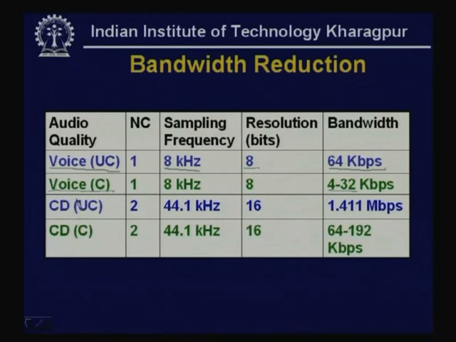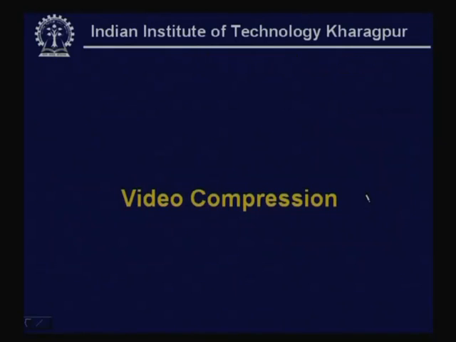Then for CD quality audio, if it is uncompressed, because of two channels and sampling at 44.1 kilohertz with resolution of 16 bits per sample, it gives you 1.411 megabits per second, and when you compress it, it gives you 64 to 192 kilobits per second. So, you see the amount of compression that is possible for audio signals.